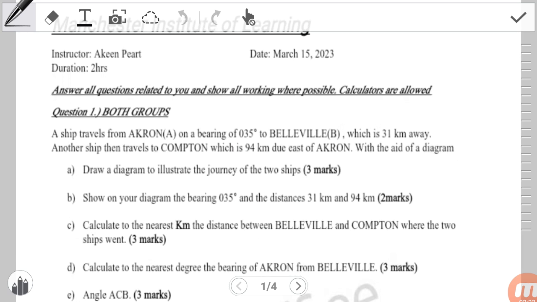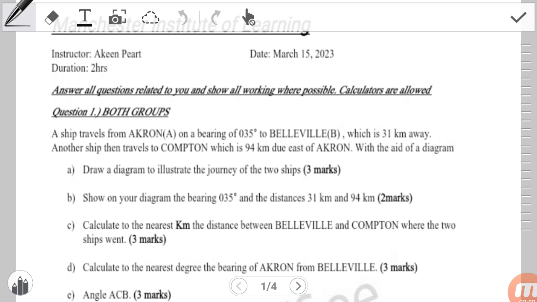The instructions are: answer all questions and show all working where possible. Calculators are allowed. The first question states that a ship travels from Akron A on a bearing of 35 degrees to Belleville B, which is 31 kilometers away.